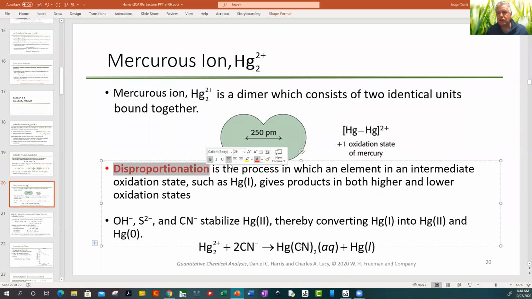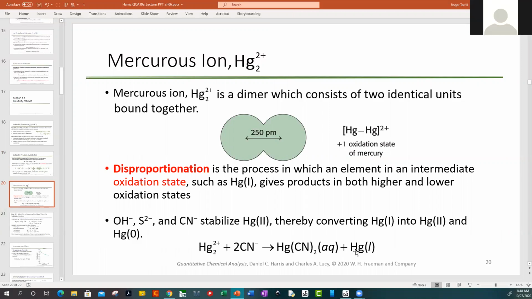And disproportionation usually involves a change in oxidation state, such that, for example, this Hg2 2+ species here can react with cyanide to give one HgCN2, right? And one Hg liquid. So this is a standard state product here, but the idea is that these two guys go in different directions.